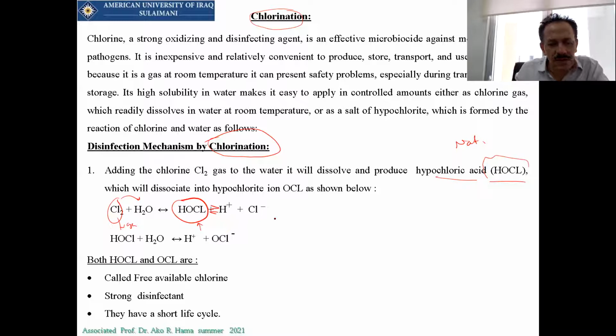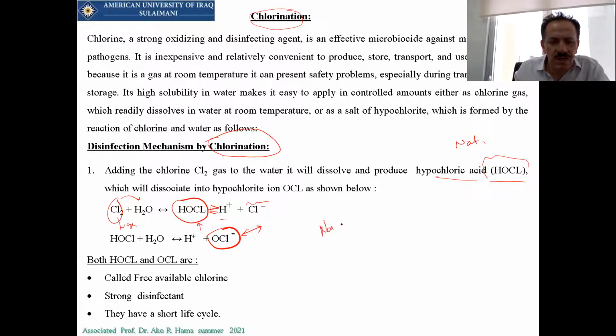It's not a stable gas. It will become ions and hydrogen. Now, this compound, OCl, is the one that's acting on killing the bacteria. And usually we have this in the detergents that we are using in the houses.